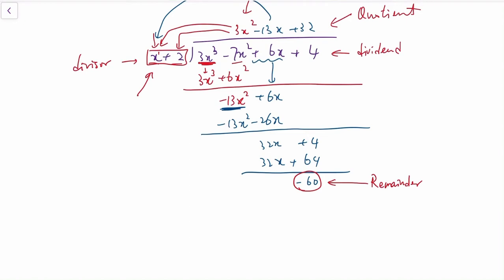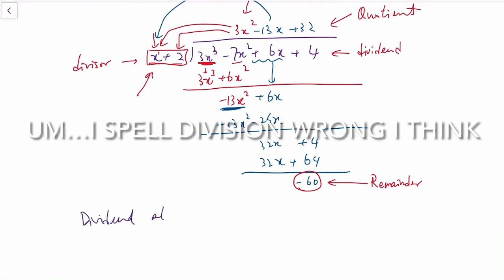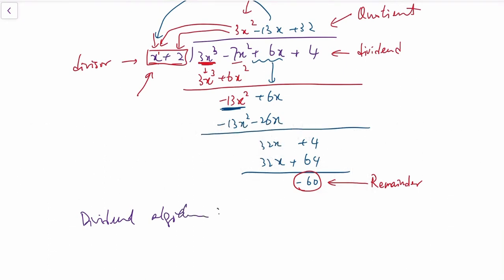There's also a thing called the division algorithm, which is true for all division. The thing that you're trying to divide, so the dividend, would equal the divisor times the quotient plus the remainder.